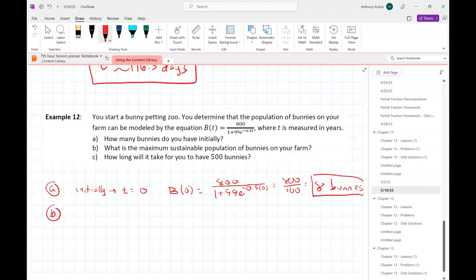One of them at y equals 0, and the other at y equals c, where c is the numerator of our logistic model. So that y equals c is going to be the upper bound for our function. That would be like the maximum population that our function can have. So that's going to be our maximum sustainable population for bunnies.